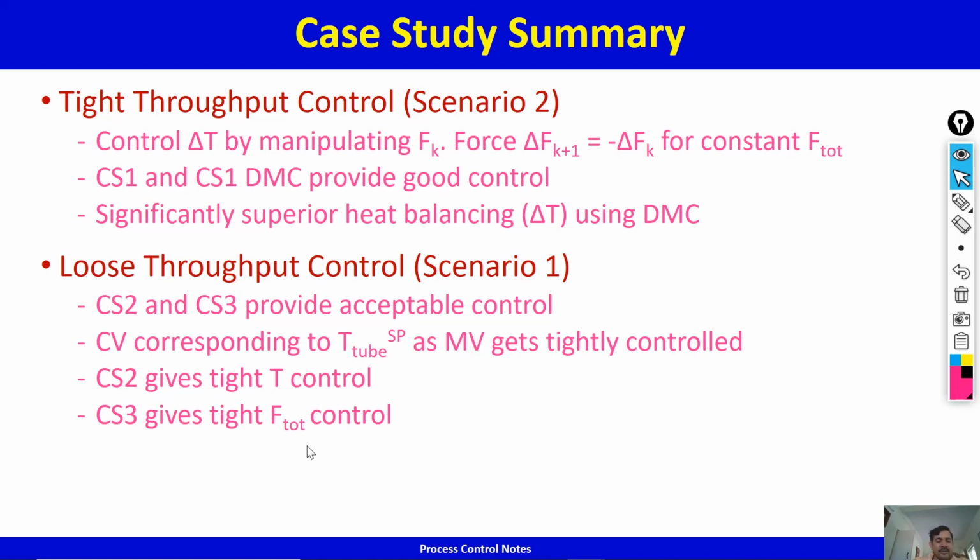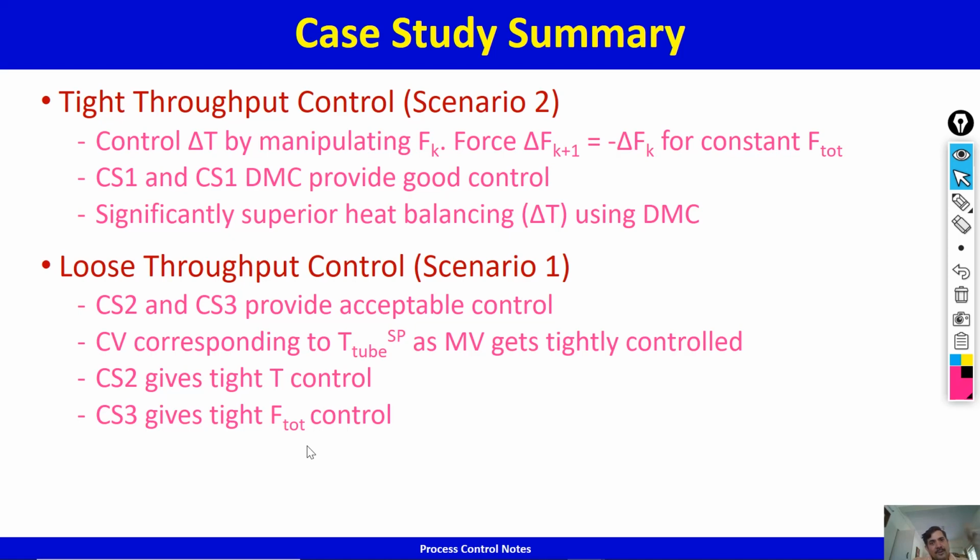And if you have the time, effort and the energy to develop a DMC controller, CS1 DMC will give you much better pass load balancing. And I suppose that with better pass load balancing, you will have relatively uniform fouling of the tubes, and therefore the life of the furnace till next cleanup will increase.